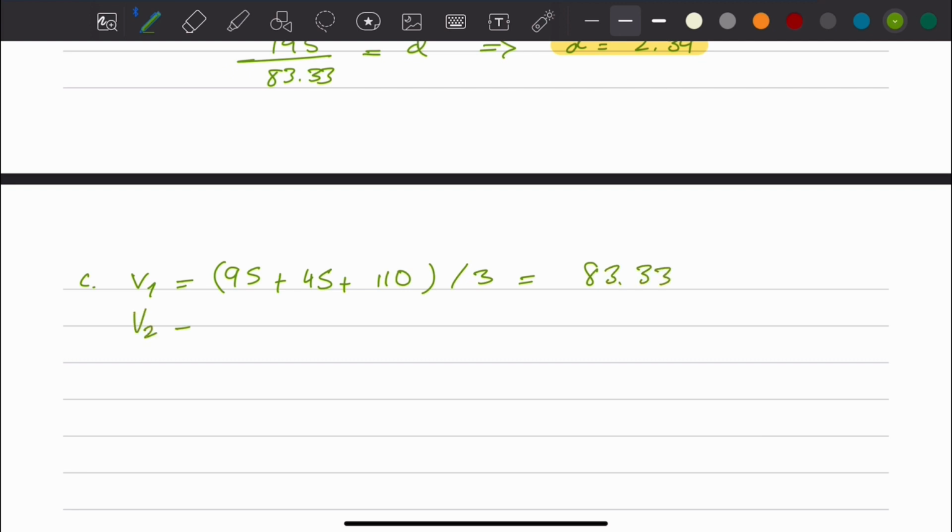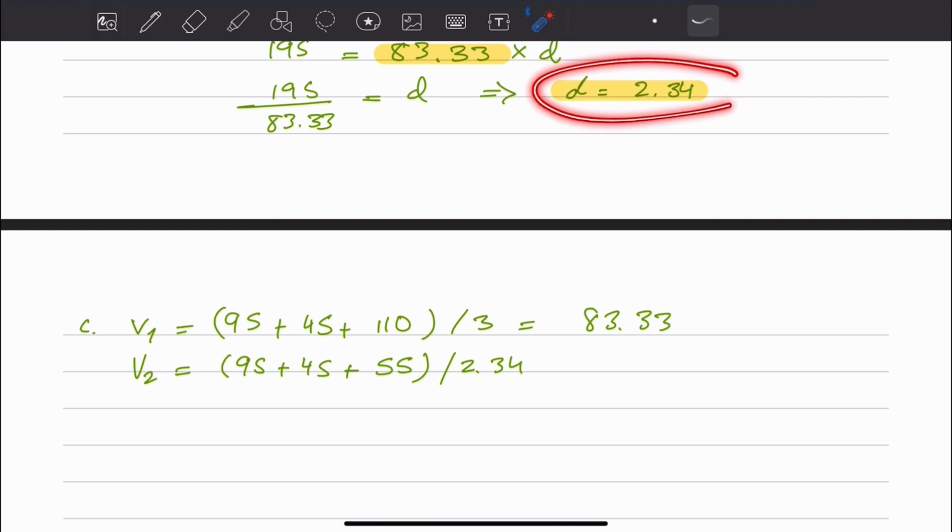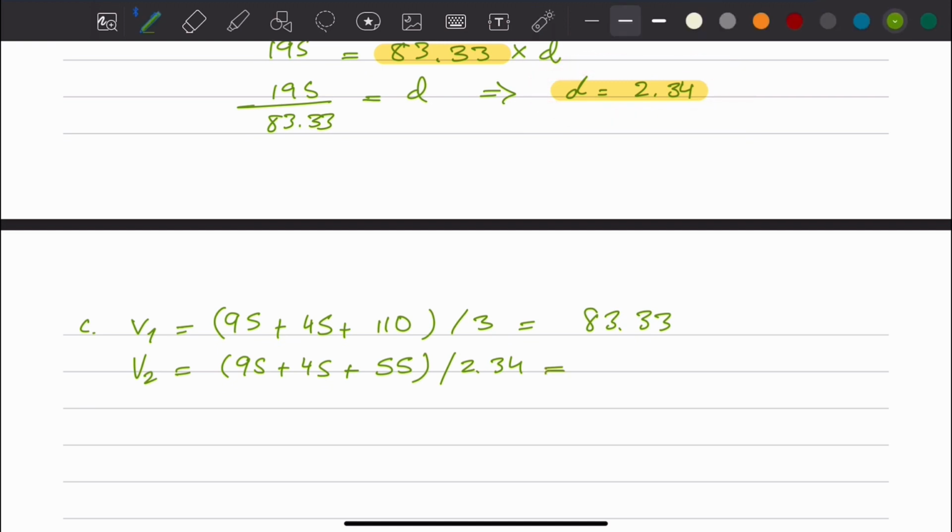The value at time 2 equals the same prices, 95 plus 45, except for the last stock C, whose price was cut in half, divided by the new divisor, 2.34. Just to confirm, on my calculator, 95 plus 45 plus 55 equals 195, divided by 2.34, and it gives me the same exact value, 83.33.